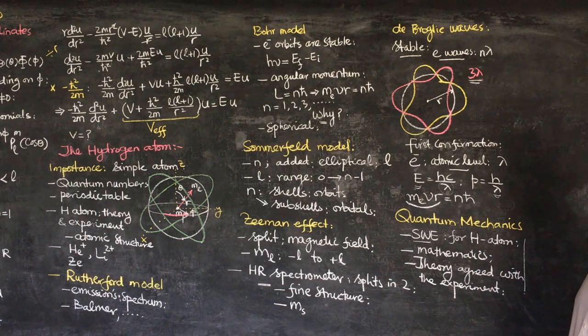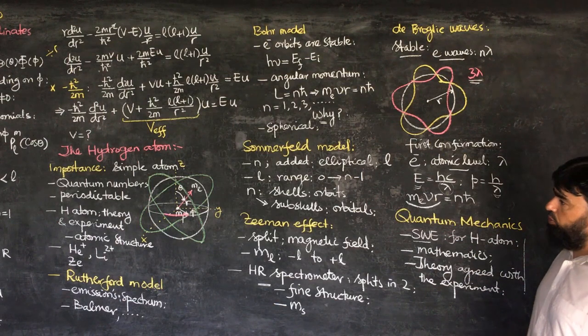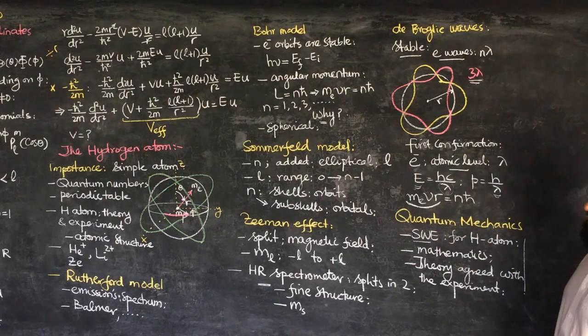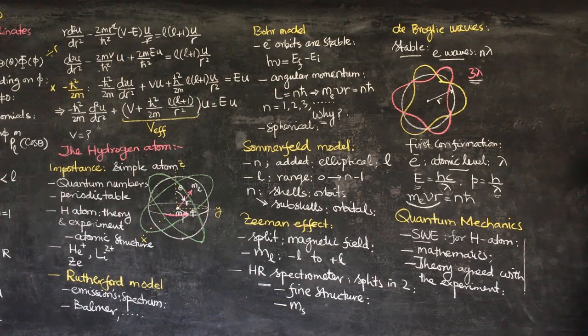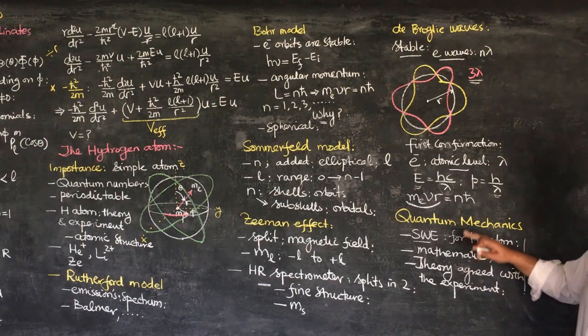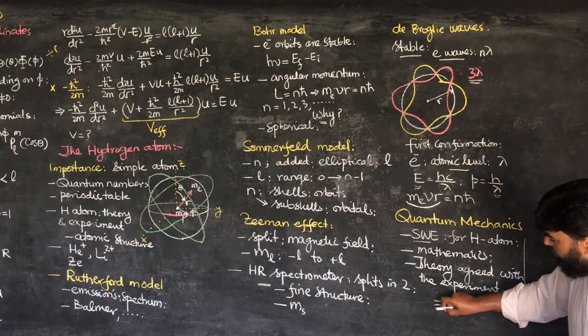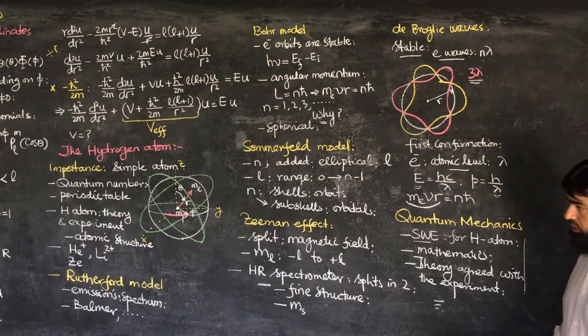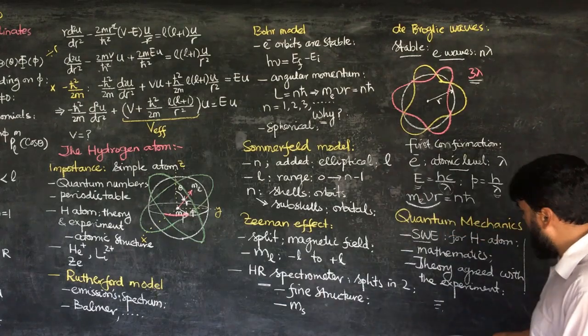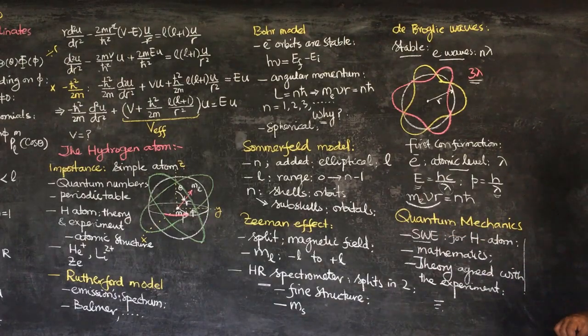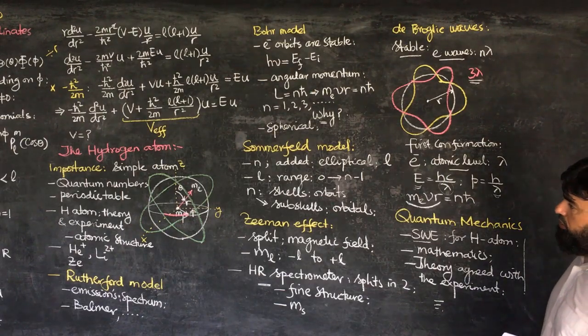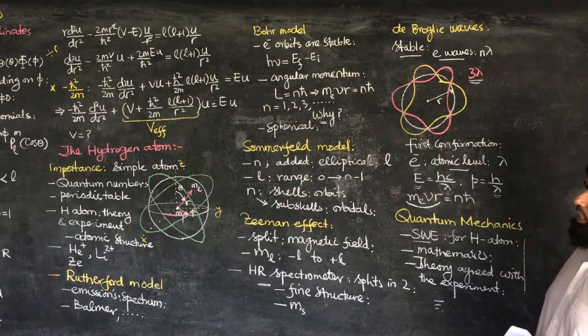So these are the reasons that quantum mechanics played an important role in solving the problems of the hydrogen atom. The different emission or absorption spectra, the splitting of lines, the story of orbits and orbitals, and the spin can all be solved with the help of quantum mechanics. So we will start with the solution of the Schrodinger wave equation, the radial equation, with the assumption of the hydrogen atom potential.